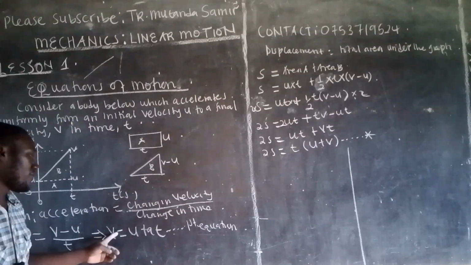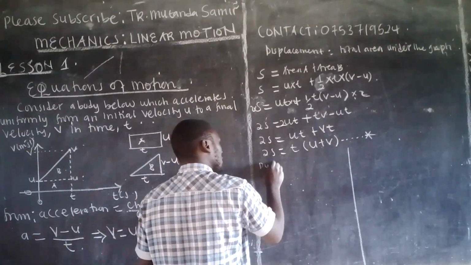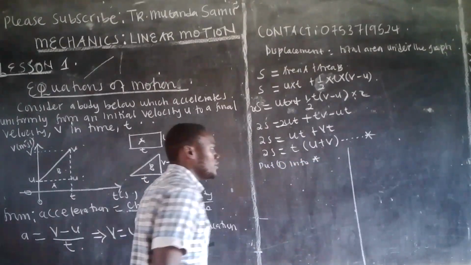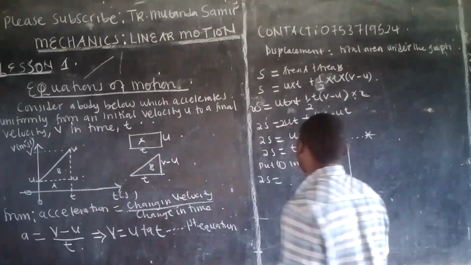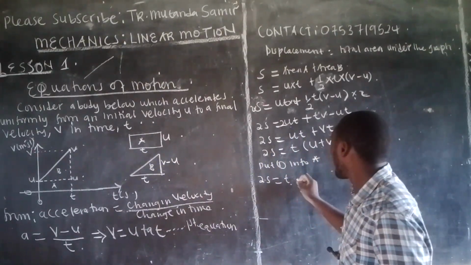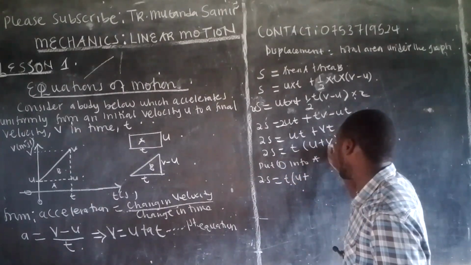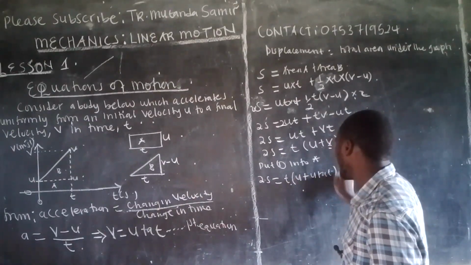So we shall now put equation 1 into equation star. Put equation 1 into equation star. This will be 2s is equal to t into (u plus, now we are substituting for v, which is u plus at).